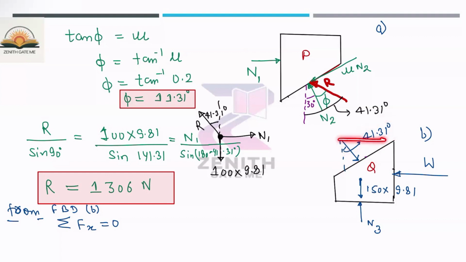If you resolve in this direction, it becomes R into sine 41.31 is equal to W only.